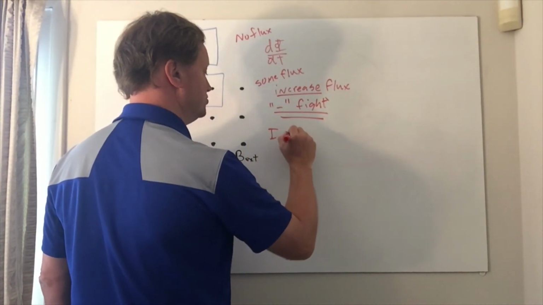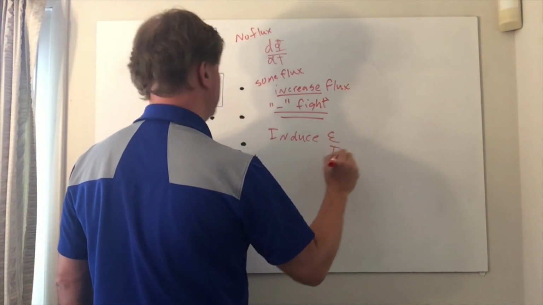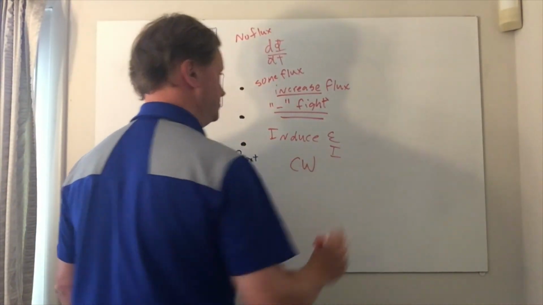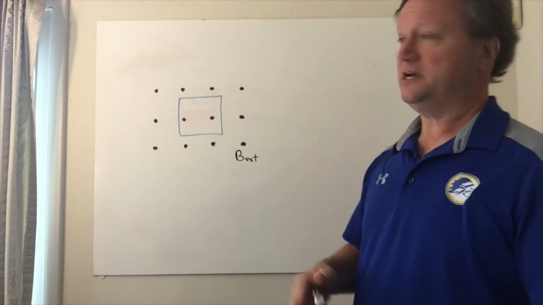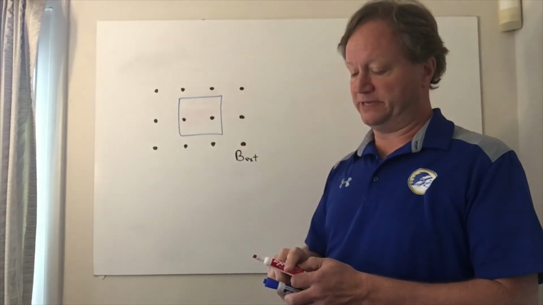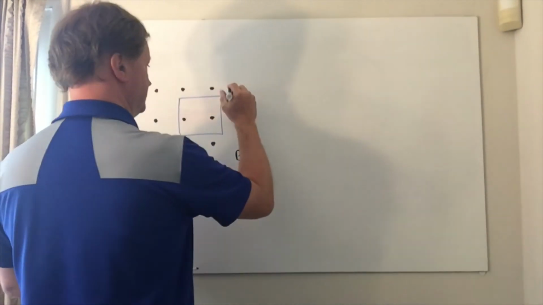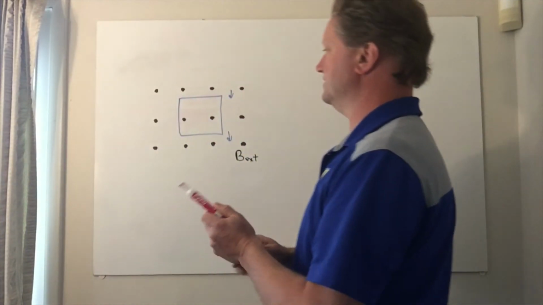So our induced current and our induced EMF would be in that clockwise direction. In part B, as the loop passes through the field, here we have the loop somewhere in the midst of the field, and it's moving, say, from here down to here, but it's staying within the field.